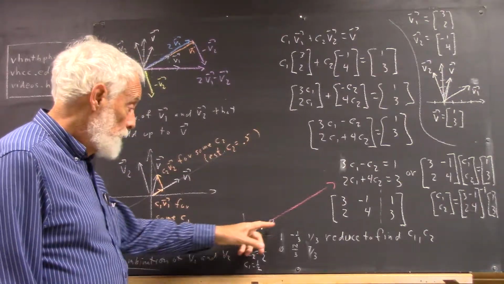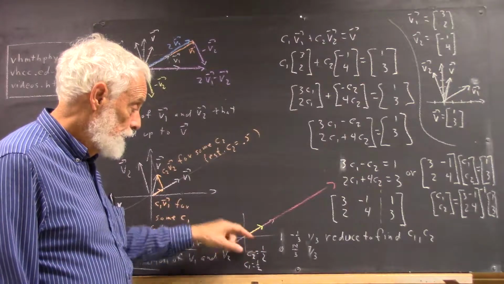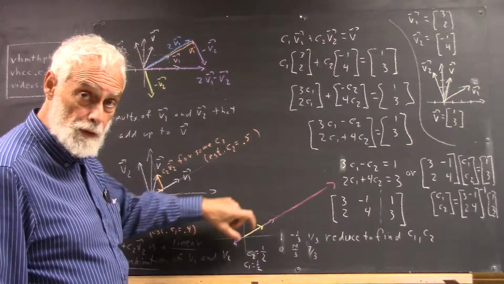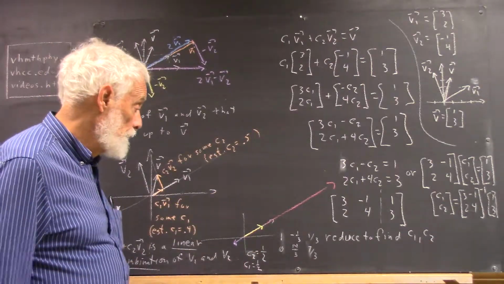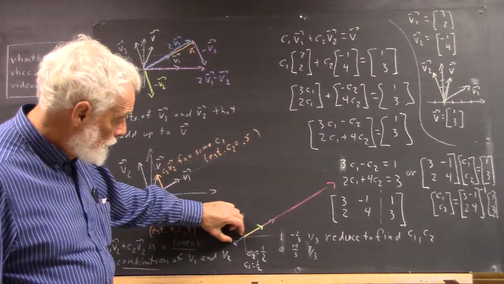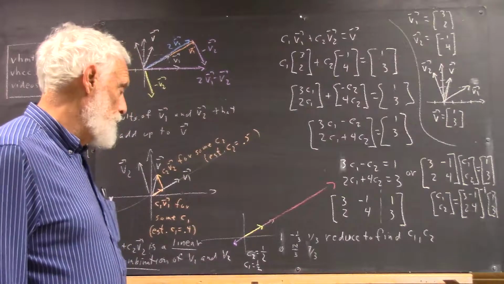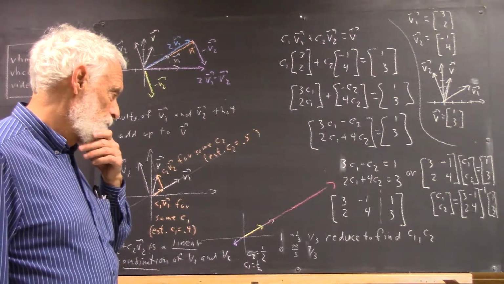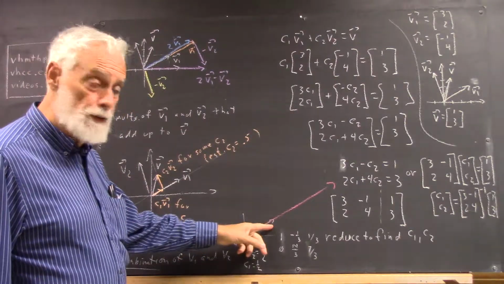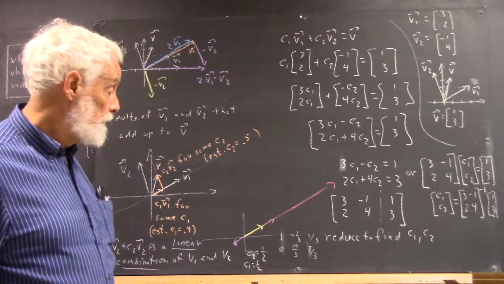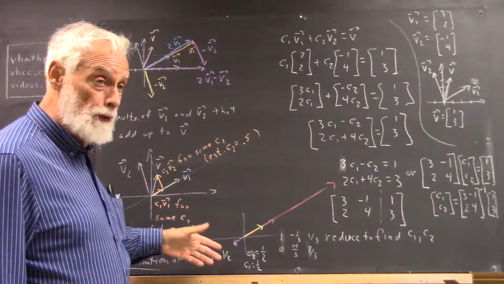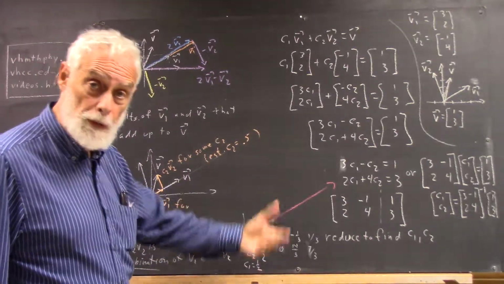If we multiply v1 by a number around 0.6 or 0.7, we're going to get something that looks somewhat like this yellow vector. What about this purple vector? Well, it's probably maybe 3/10 as long as v1, but in the opposite direction. So that's a multiple of v1 by maybe negative 0.3.